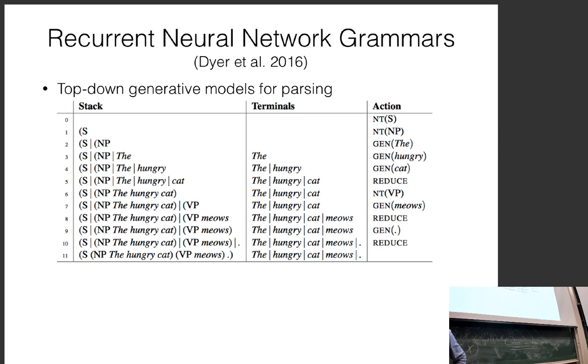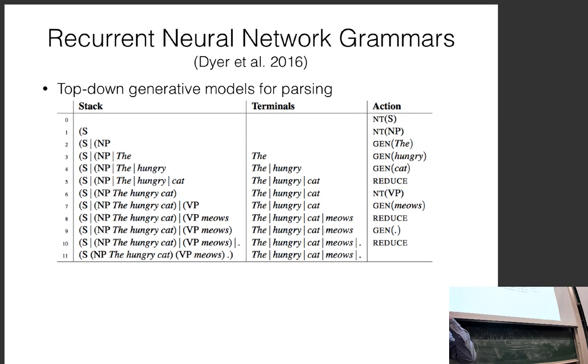Then you have a reduce action, where the reduce action composes all of the words in the noun phrase into a single vector. So this is very similar to the stack LSTM that we talked about before, where the stack LSTM had vectors representing subtrees. This reduce operation here basically does the same thing.